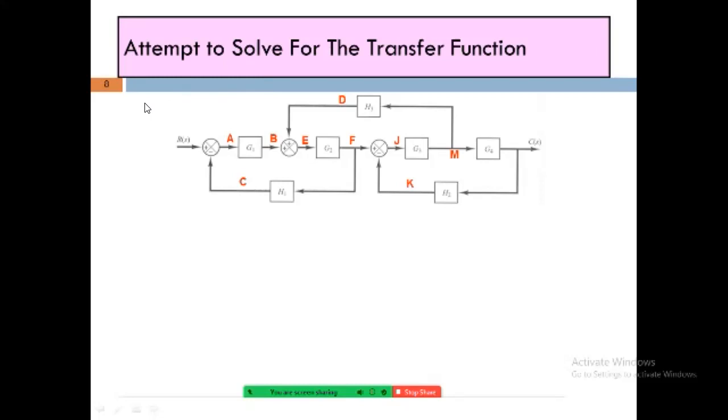One more H1 path is there, that is also a reverse path, and the third reverse path is H2. Why are we identifying these forward and reverse paths? Because while solving for poles and zeros, basically we need to identify the forward and reverse paths.